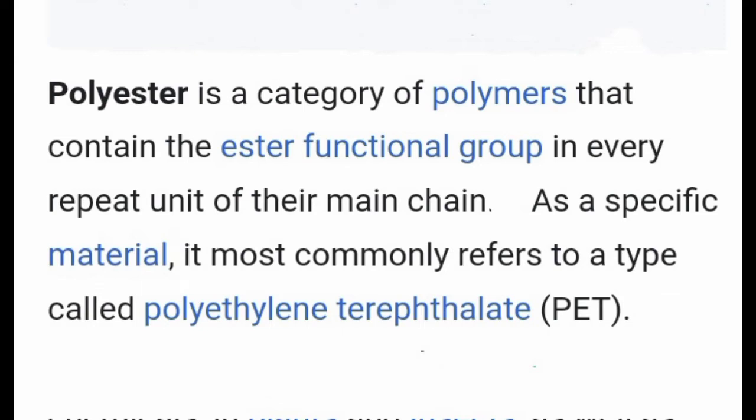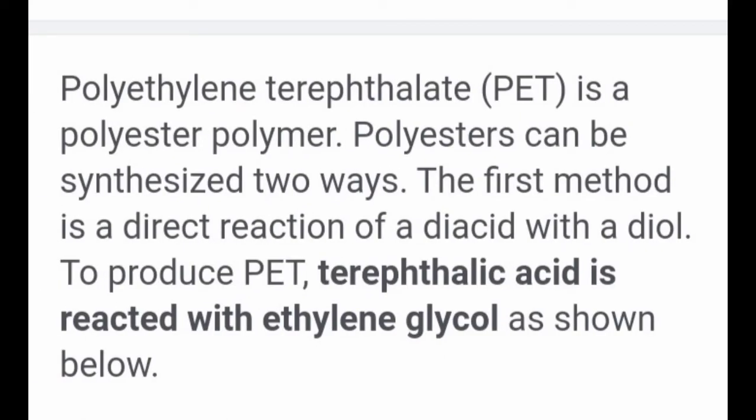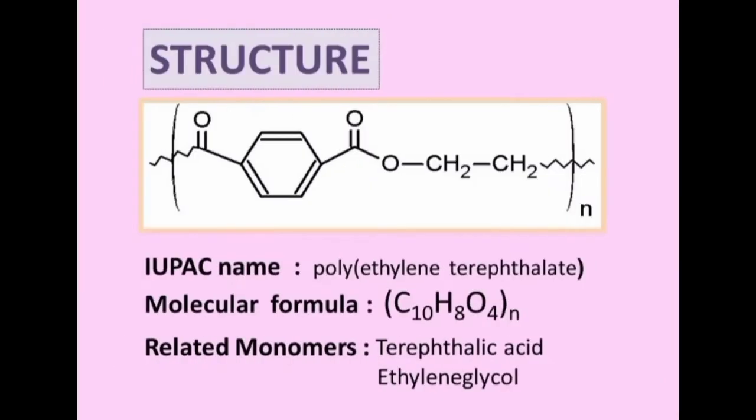Now let us see about the preparation of polyethylene terephthalate. But firstly, before that, let us see what polyethylene terephthalate is. It is a polyester polymer, and it is synthesized from terephthalic acid and ethylene glycol.